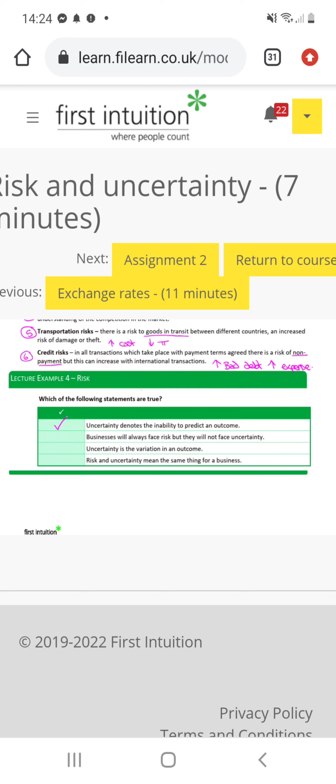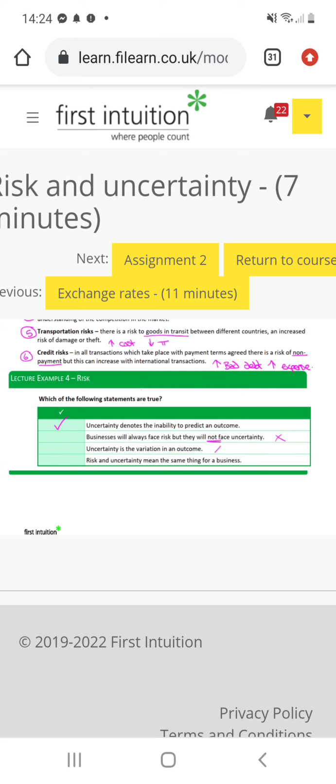The second one, businesses will always face risk, but they will not face uncertainty. Well, the environment changes very rapidly, it's very dynamic, and there will always be uncertainty. So, incorrect. The third one, uncertainty is the variation in an outcome.